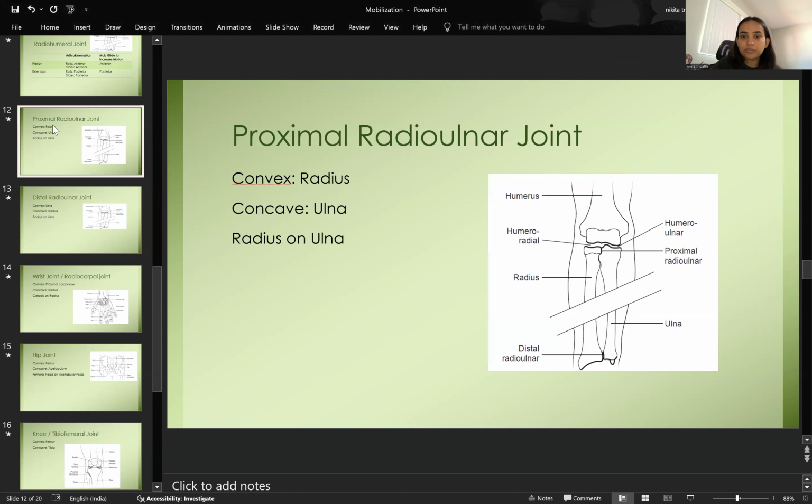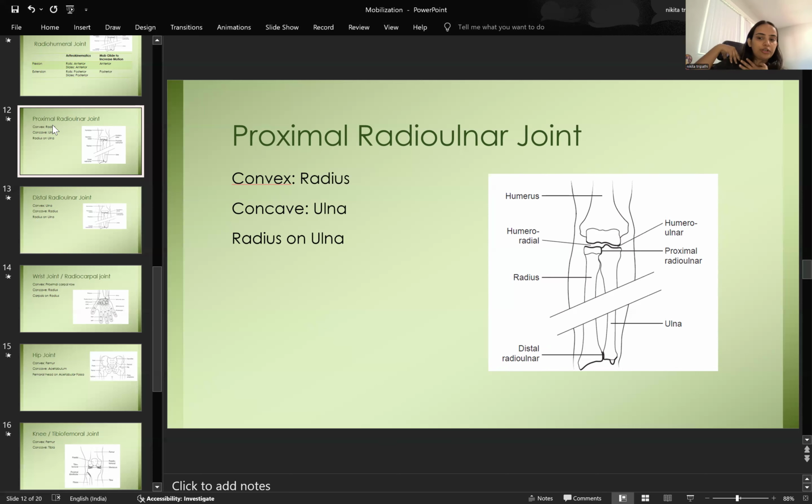Anterior, because who is moving? Convex radial head is moving on concave ulna, radius on ulna. So with pronation, you are moving your arm in the anterior direction and gliding is in the opposite. Now do the supination. Supination, you are moving your arm in the posterior direction. So which glide you should give to increase supination at the proximal radioulnar joint is anterior.